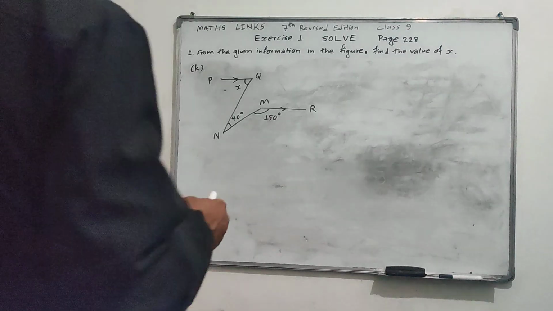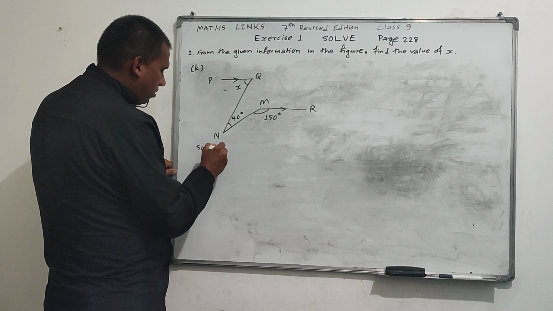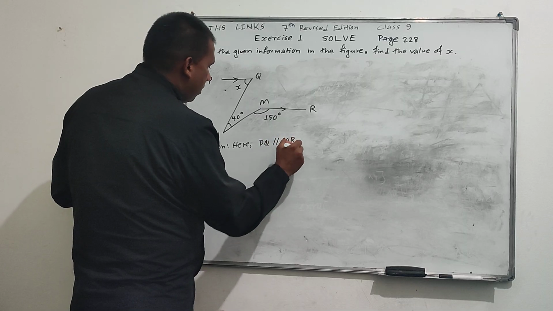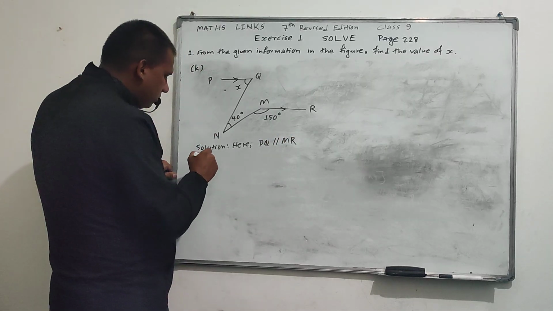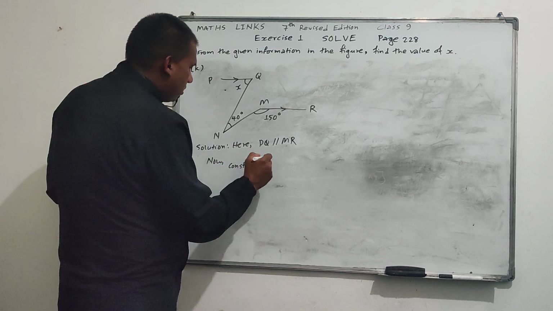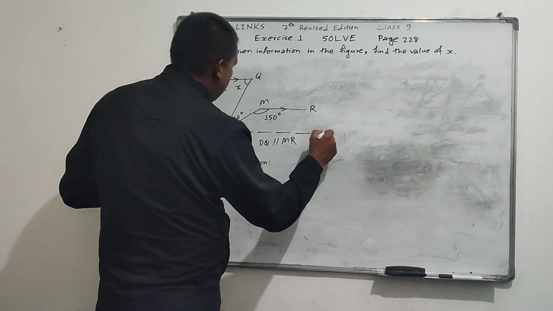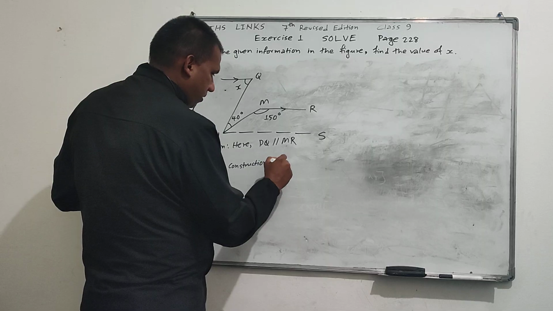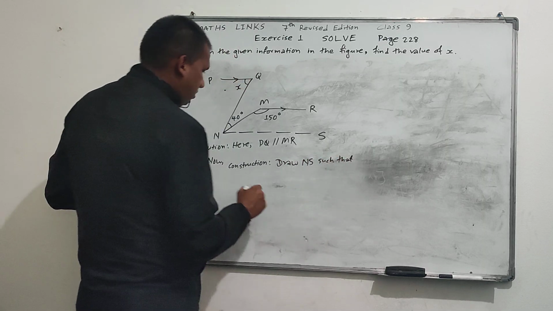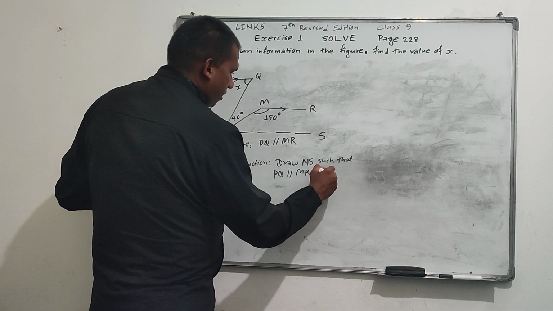Now, question number 1K. In this figure, PQ is parallel to MR. We have to find the value of x. Now, construction. From point N, I can draw line NS, so that PQ is parallel to MR and parallel to NS.